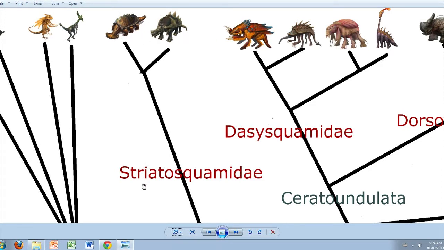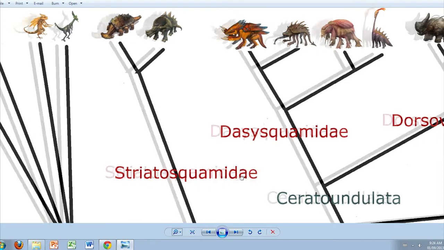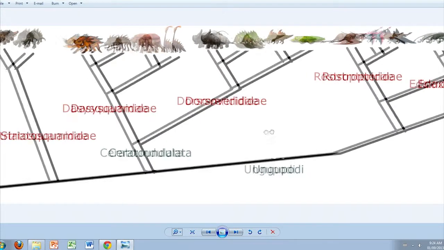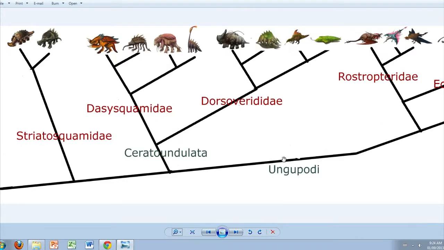So again, that's Stratiosquamidae. The next lineages that we're going to be looking at I've split into two groups here. Now, in this blue color, this is above the family level, so I guess these might be orders. Families always have to end in -idae.